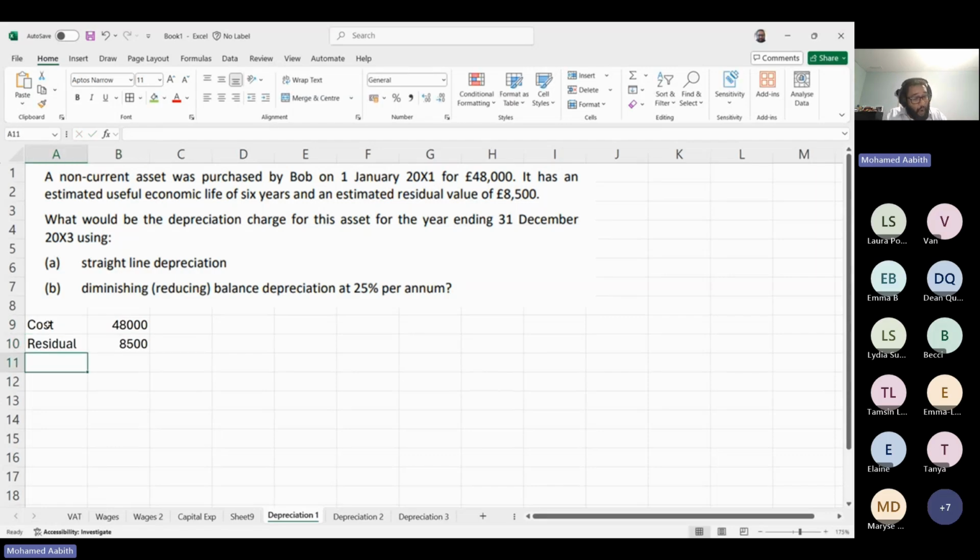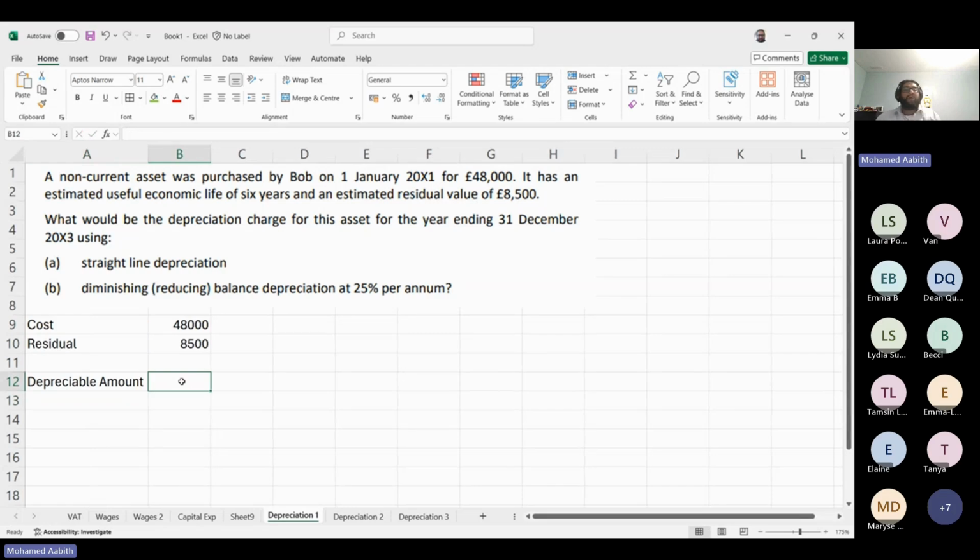So what we will call here the depreciable amount is what we need to identify, to see how much I can depreciate, because we use it for 6 whole years. That means I have to depreciate equally for 6 years using the straight line depreciation method, meaning every year we charge the same amount of depreciation. It has to be equal.